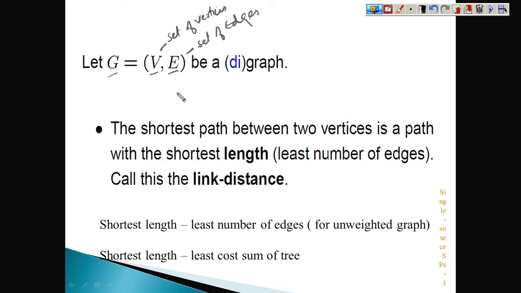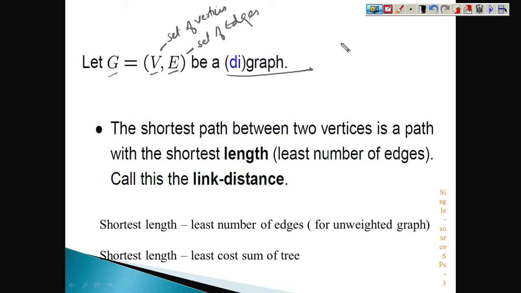We have the undirected graph and the directed graph, and let's say we are talking about the directed graph, which is also called a digraph. In the directed graph, the edges have one arrow sign or one direction that defines the connection, or that defines the path from one vertex to another vertex. What does it mean?